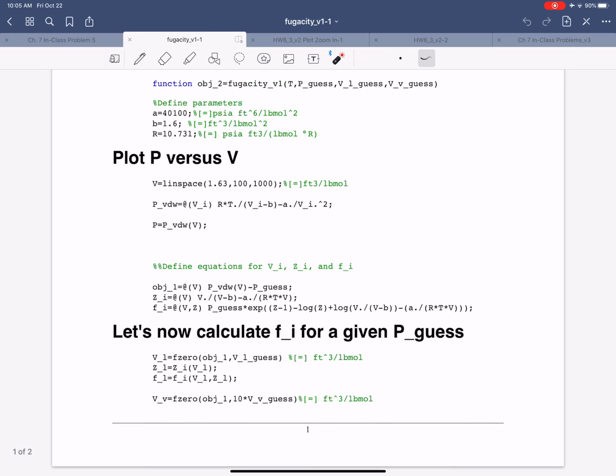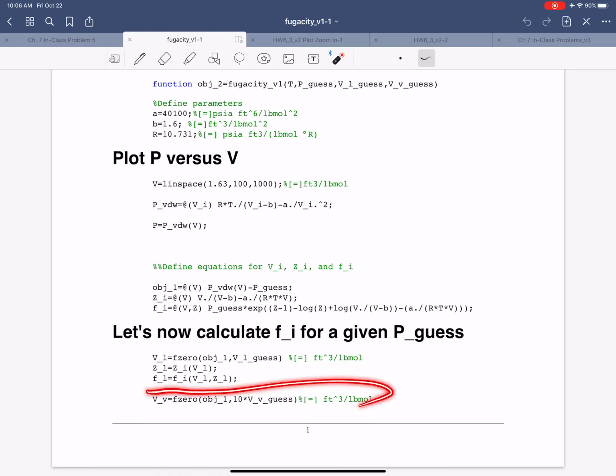And in this next section, that's exactly what I do. To calculate the molar volume of the liquid, I use the f0 function to minimize the objective 1 function, where my initial guess is about 2. And then I calculate z and fugacity.